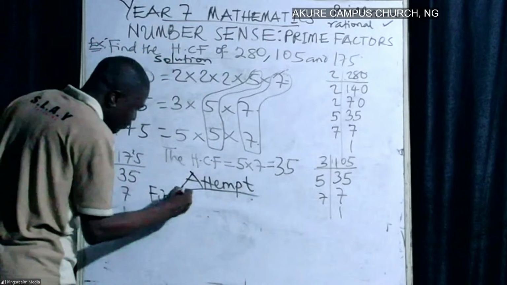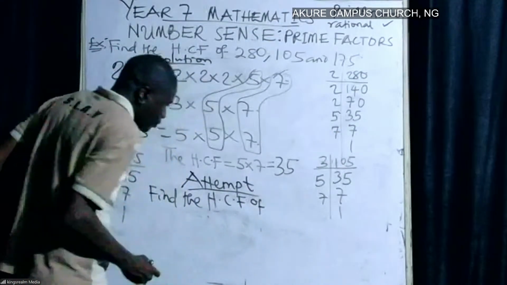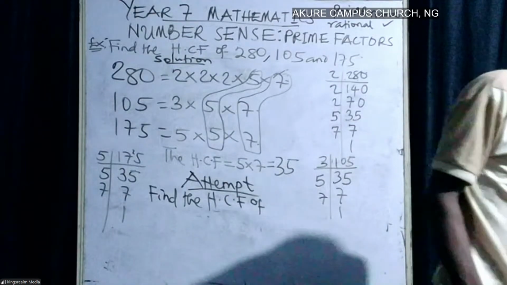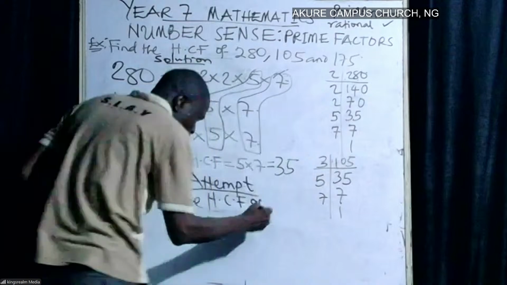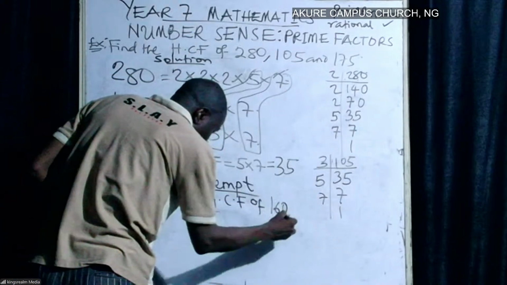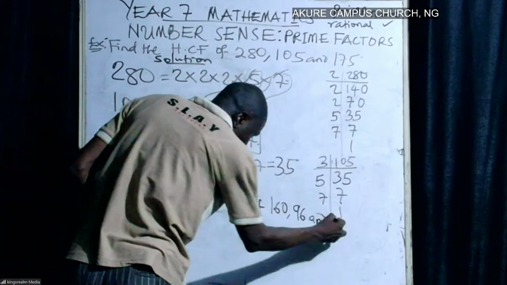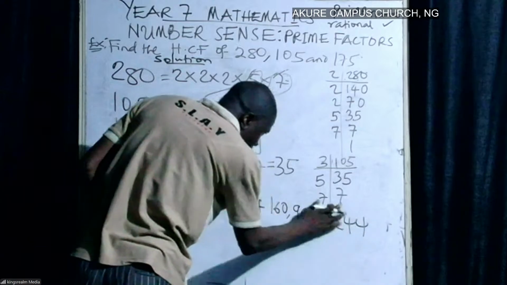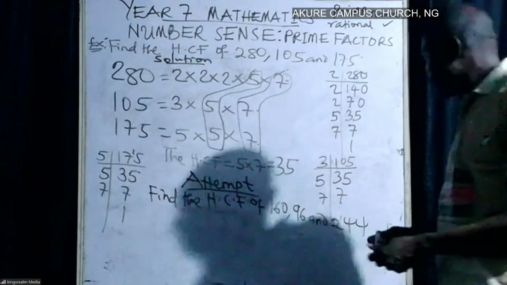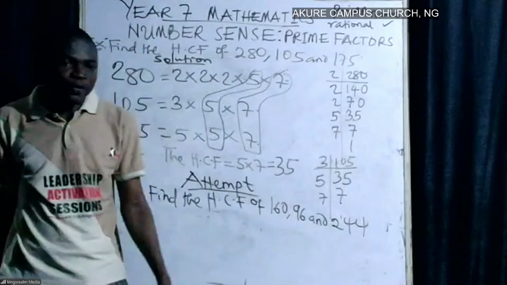Find the HCF of, let me get the numbers, 288, okay, 160, 96, and 244. So find the HCF of these numbers: 160, 96, and 244.